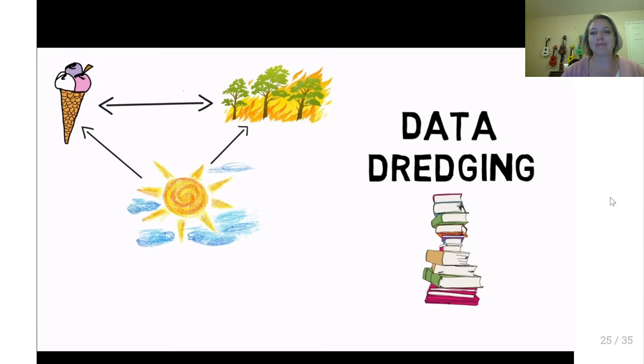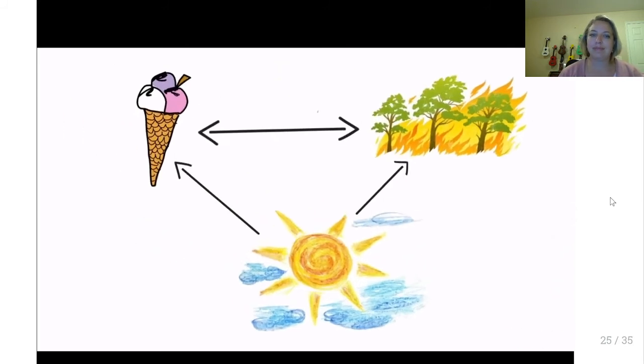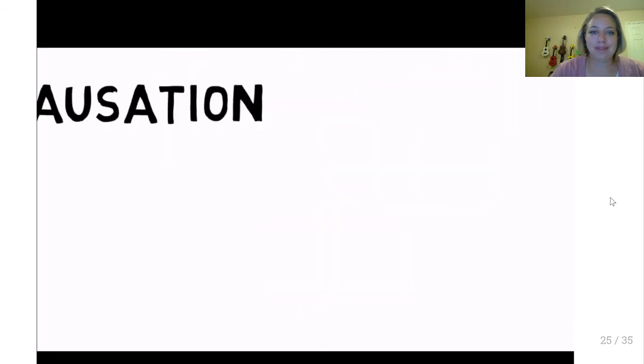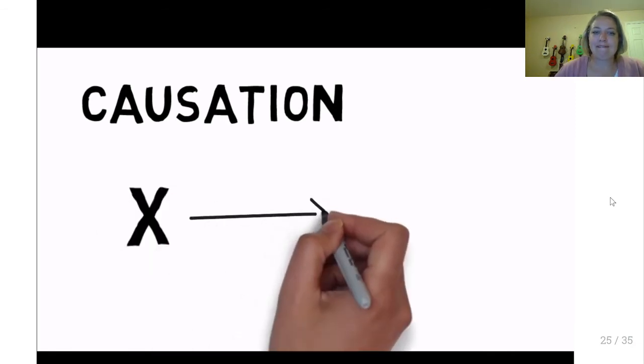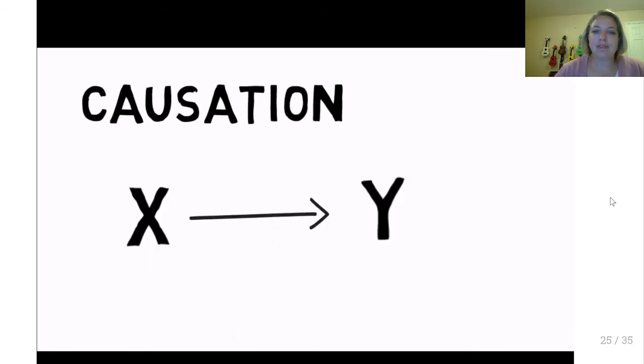Instead of a problem in search of a solution, dredging data is a solution looking to find a problem. All of what I've just discussed about correlations does not mean that finding a correlation is without value. In fact, correlations are a vital part of helping us move to the next step, the discovery of causation. Unlike correlation, causation is when you can claim that one thing causes another thing to happen.